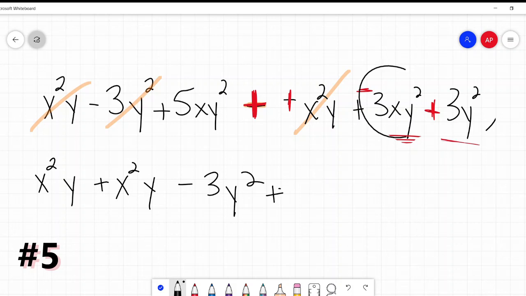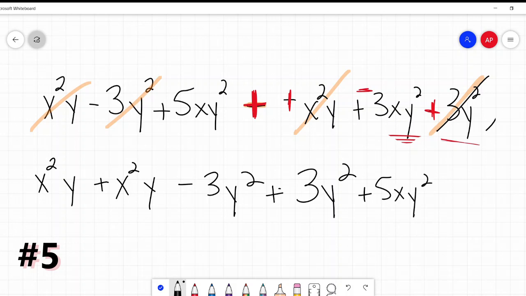I started writing that one. It's so easy to do. Plus 3y squared. This is why I say this. Plus 5xy squared, especially on the day when you are just flying through this. So easy to mess these up. Plus a negative 3xy squared.